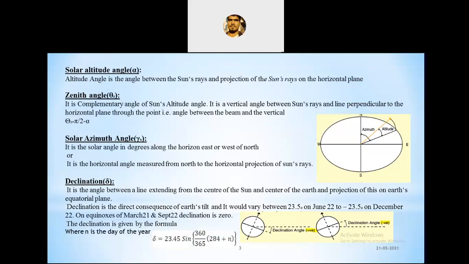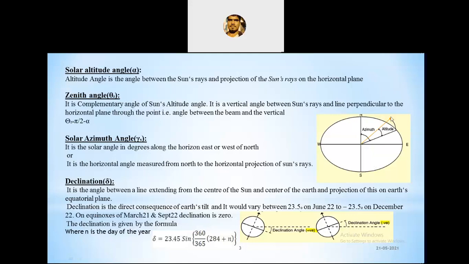It is a vertical angle between the projection of sun rays on the horizontal plane and the direction of sun rays passing through that point. You can observe in the figure.